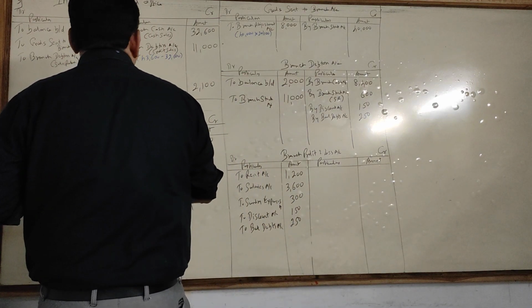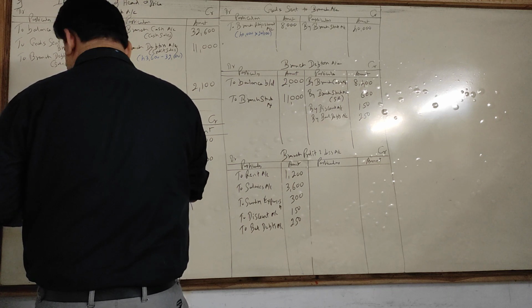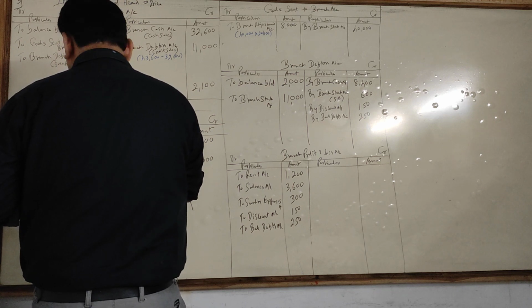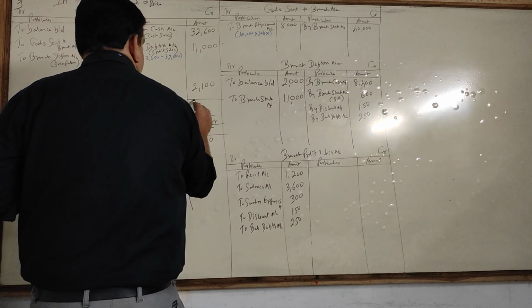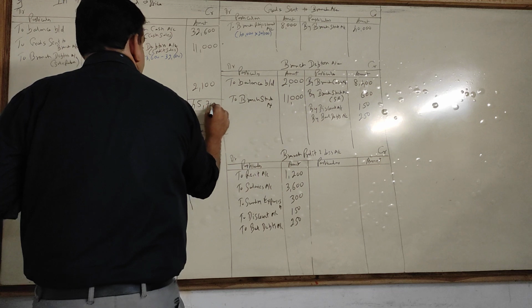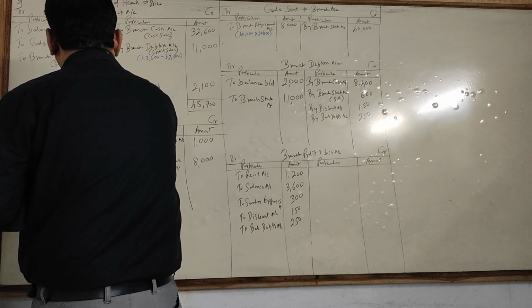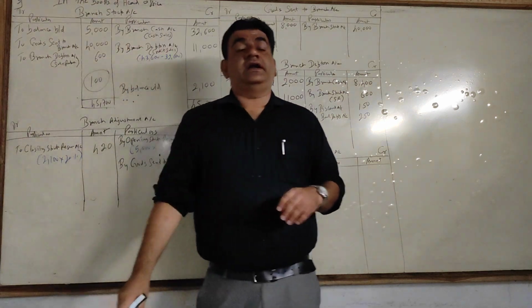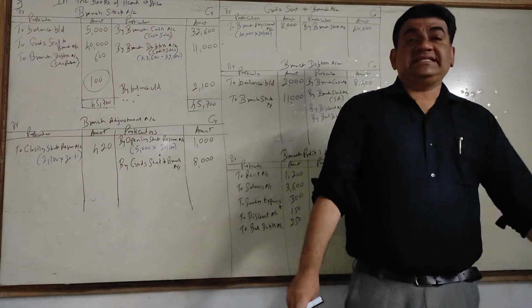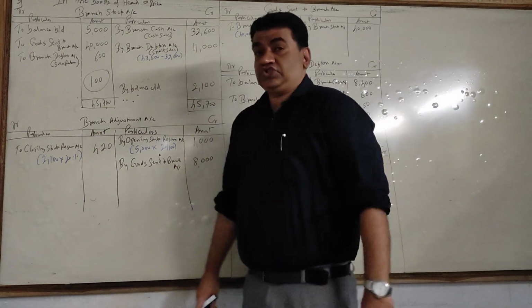Just see which side is greater. 45,700 against 32,600. Credit is greater. A minor difference of 100 rupees. Now guys, listen very carefully. Again I am repeating what we did in the first two classes.